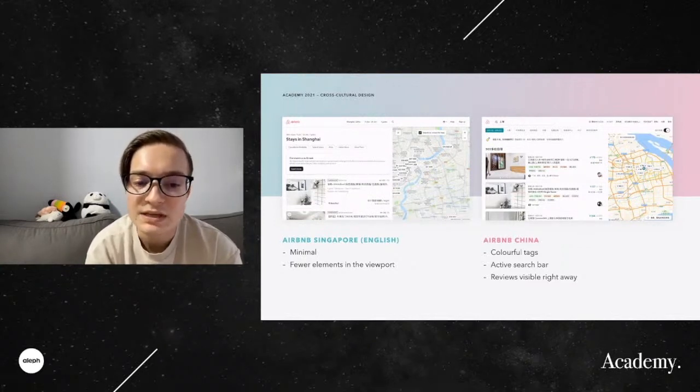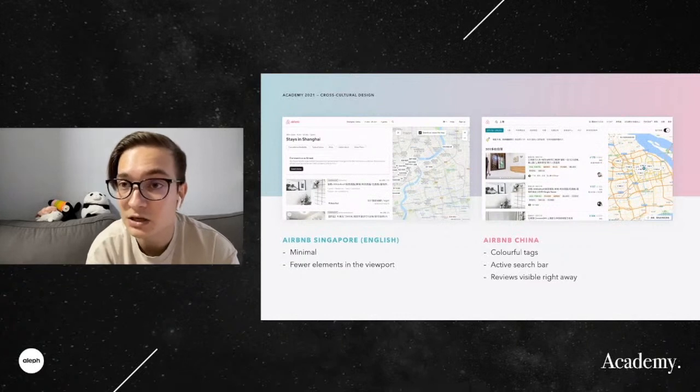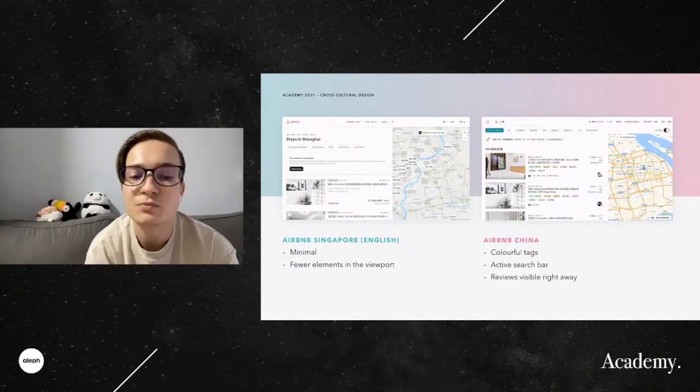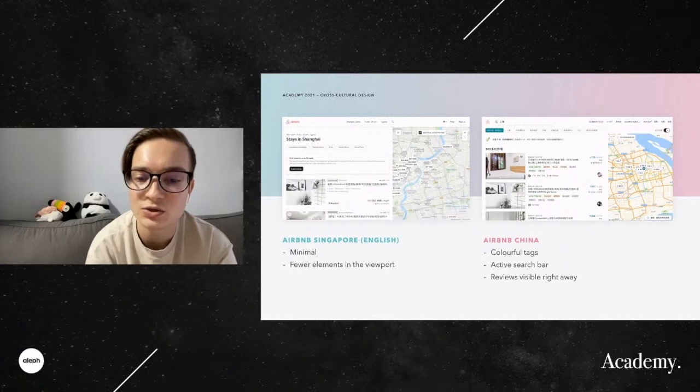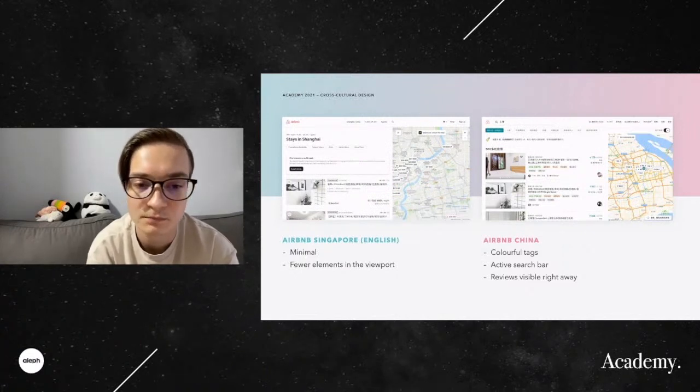So sometimes it helps to add some more elements, or maybe like in case of Airbnb, not use some unfamiliar symbol. Research, for instance, proved that the magnifying glass really doesn't create a mental connection for the Chinese users, and they often overlook it.